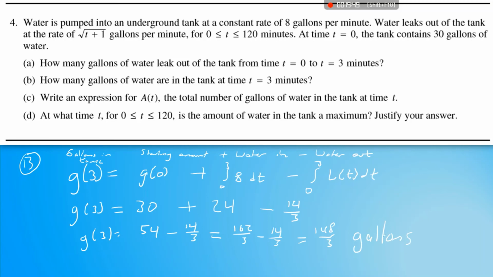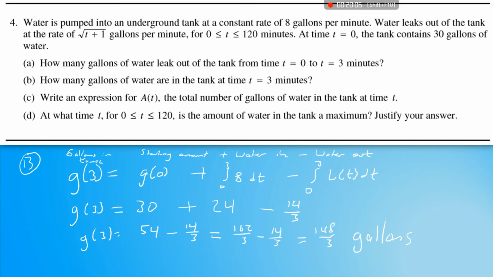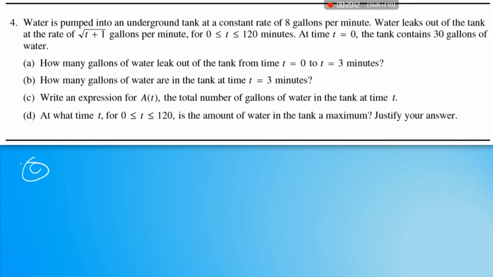Okay, so that was Junho, and the next one's Oliver. Write an expression for the total number of gallons of water in the tank at any time t. Sorry, it's a little fast. You can take a picture again. Okay, cool. So I want a general expression for the amount of gallons in the tank, A(t).